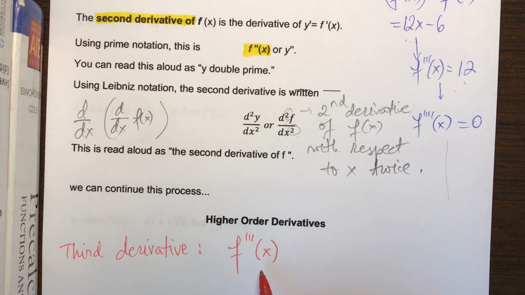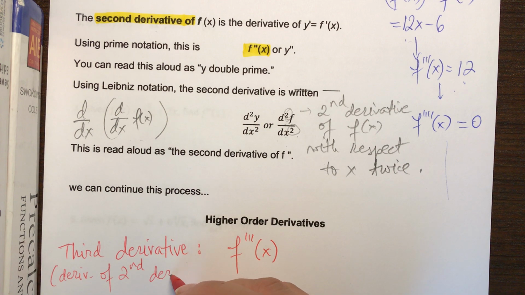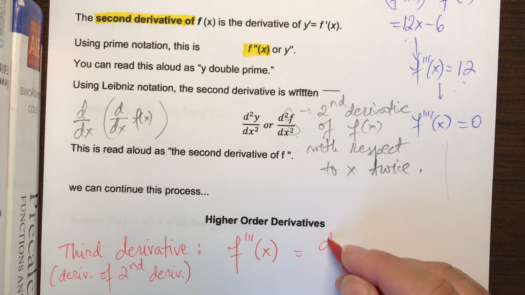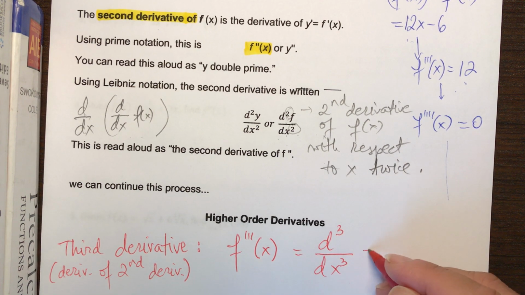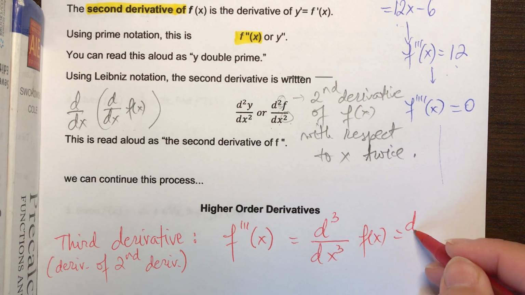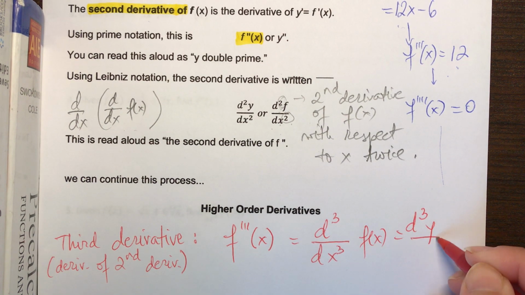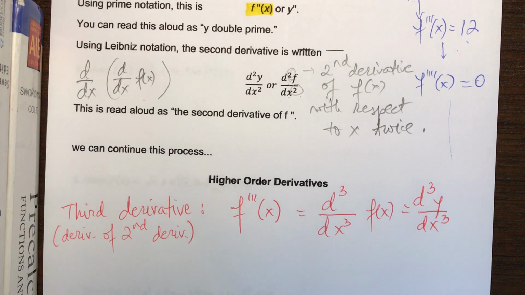So it's the derivative of the second derivative, yes? So we keep going. In Leibniz notation, there will be the d cubed over dx cubed of f of x, or again, if we're calling it a y, it's the third derivative of y with respect to x 3 times, yes.